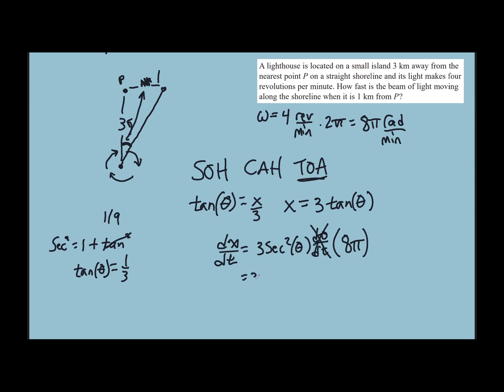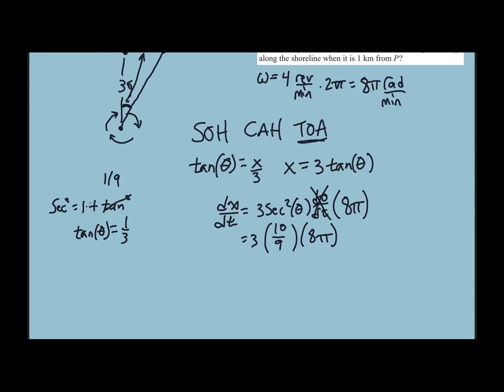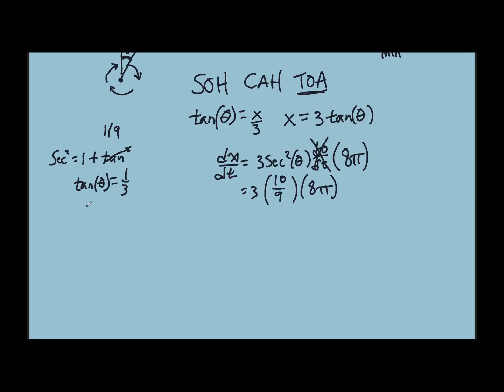So I'm going to say 3 times 10/9 times 8 pi. And now it's all numbers. So 3 times 10 times 8. Well, 8 times 3 is 24, so times 10 would be 240 pi.